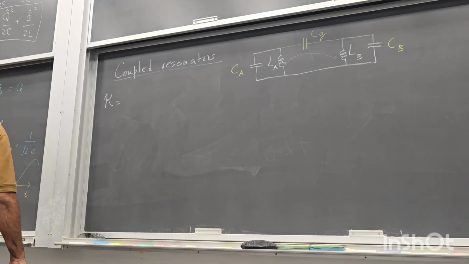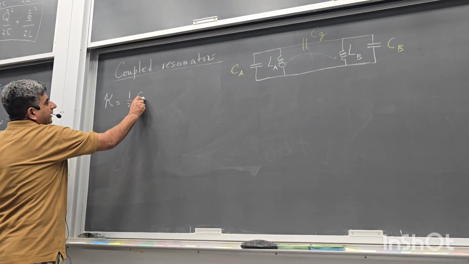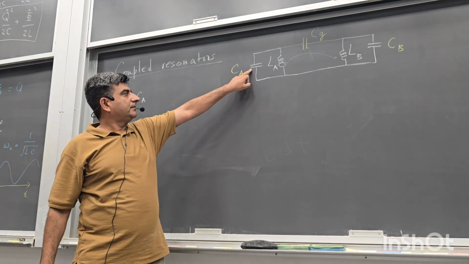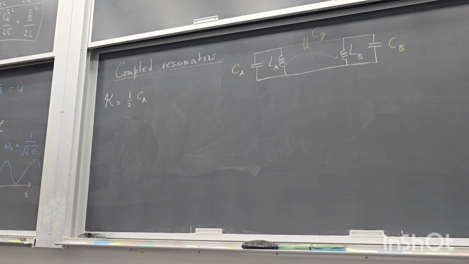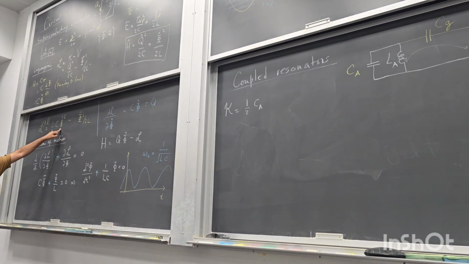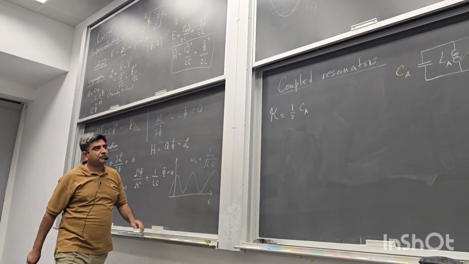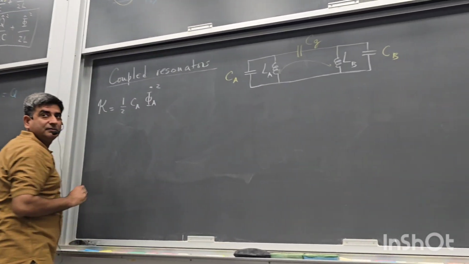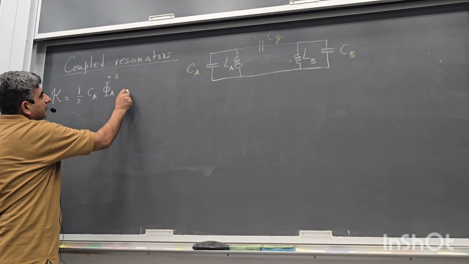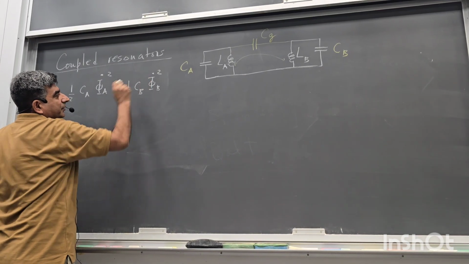So the kinetic energy is given by half CA. Just look at this term over here. So I need the flux through capacitor A, in fact, the time derivative of that flux. So I have phi A dot squared plus half CB phi B dot squared.